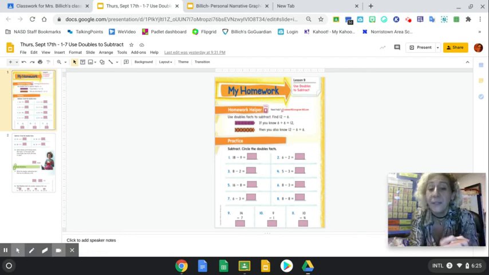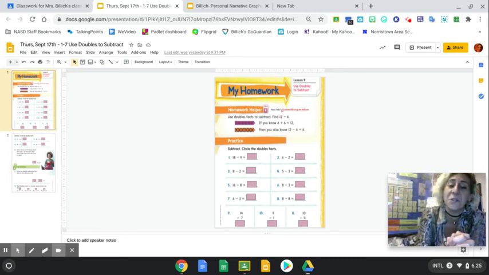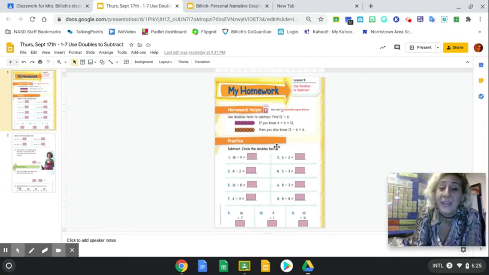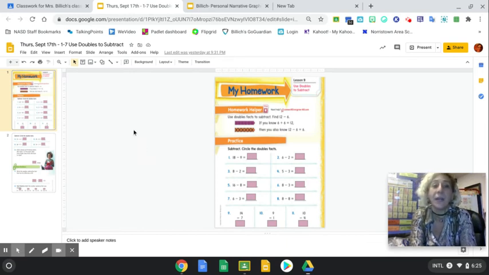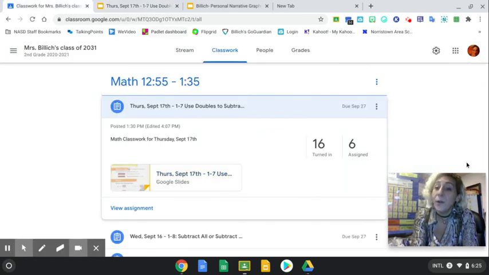And it was relatively easy because, of course, the second number in the subtraction problem is the doubles fact. So you really just had to repeat that number and you got your answer, which is called the difference in a subtraction problem. It was a really easy homework and probably should have been done in a couple of minutes. And then they went on to afternoon work.